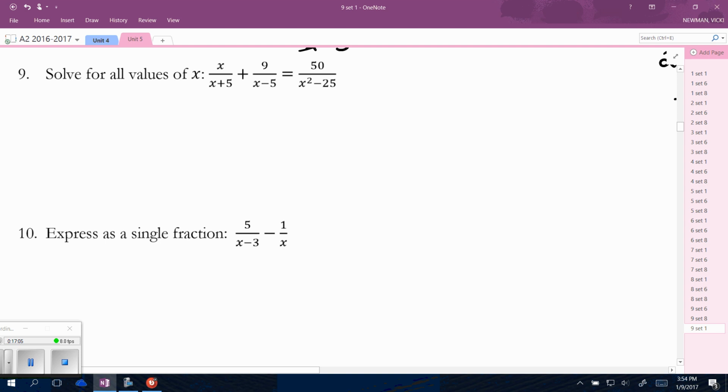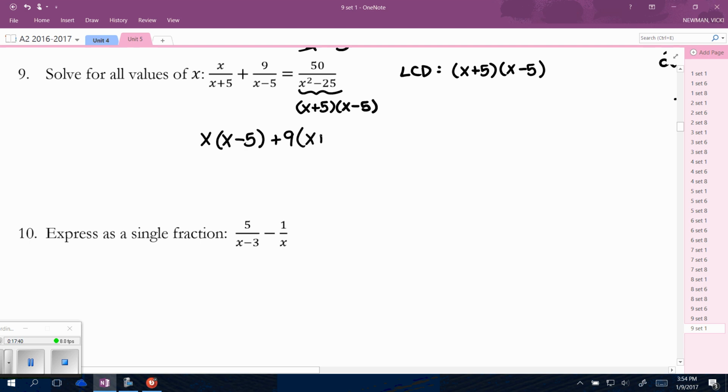First of all, if you have a quadratic in the denominator, you need to factor it. So we know that this is (x plus 5)(x minus 5). Okay? So we know that the least common denominator, no matter who your teacher is, is (x plus 5)(x minus 5). So the equation that you should get is x times (x minus 5) plus 9 times (x plus 5) is equal to 50.